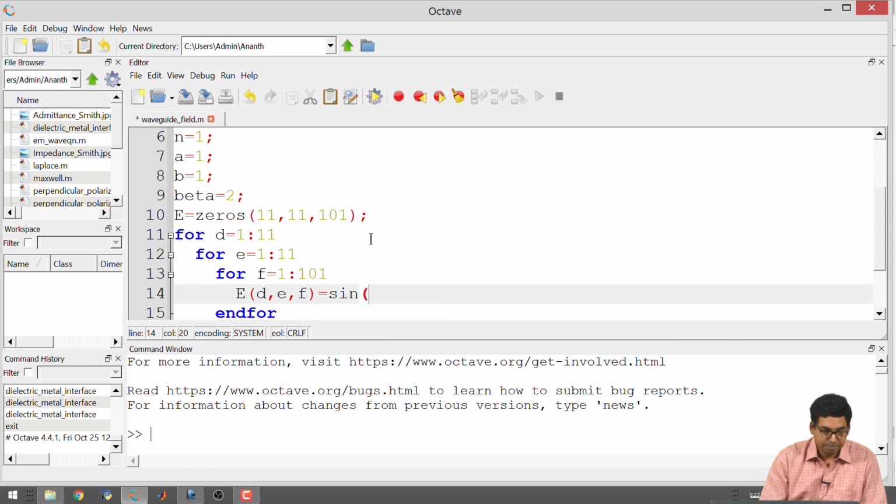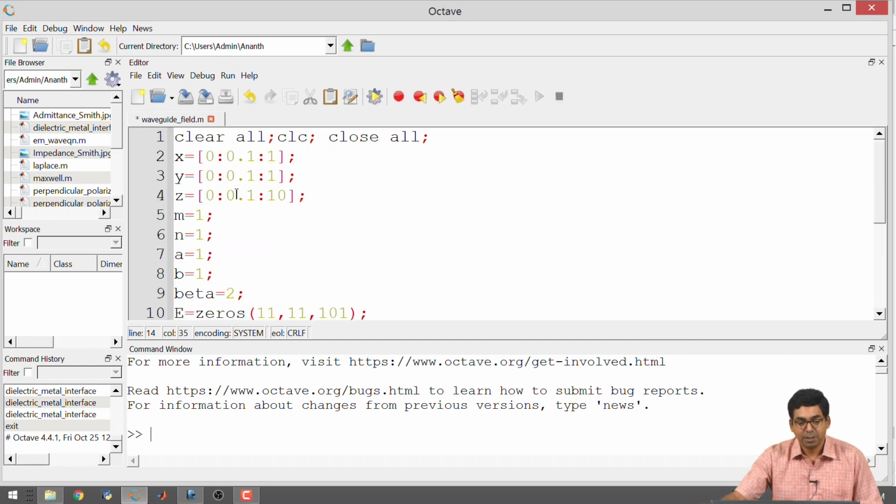I had sine of m times pi by a multiplied by x. See, my x goes from 0 to 1.